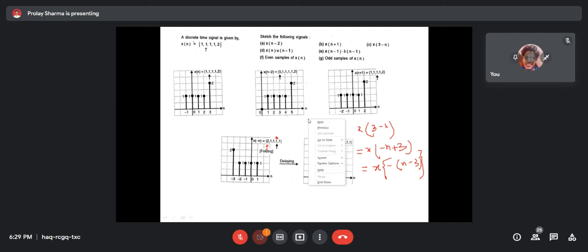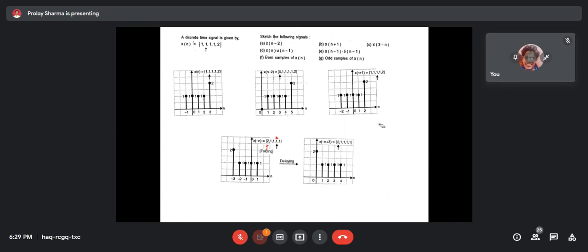Sorry, I am making it confusing. I should do this, because the signal folding is done only for n, and a constant value can't be attached to it. So this operation will be considered only for the n value. As the n value is minus n, we can consider the whole value. So this is the correct representation of the signal x(minus n plus 3).